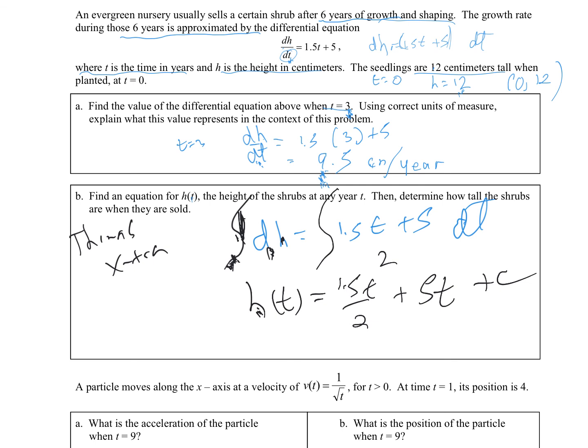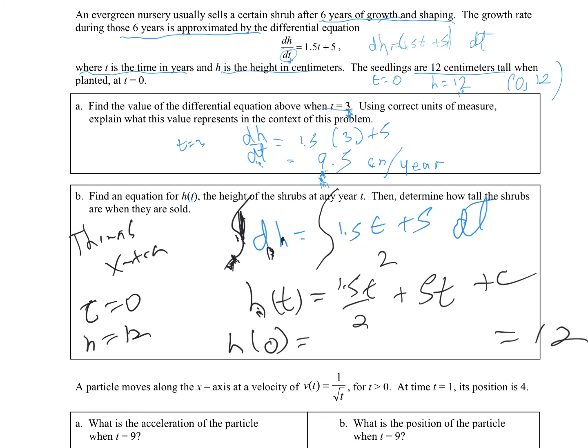Can I find the exact constant that the height function was? Do I have any information about the initial condition? Yes, I know that when time was 0, the height was 12. H of 0 is 12.